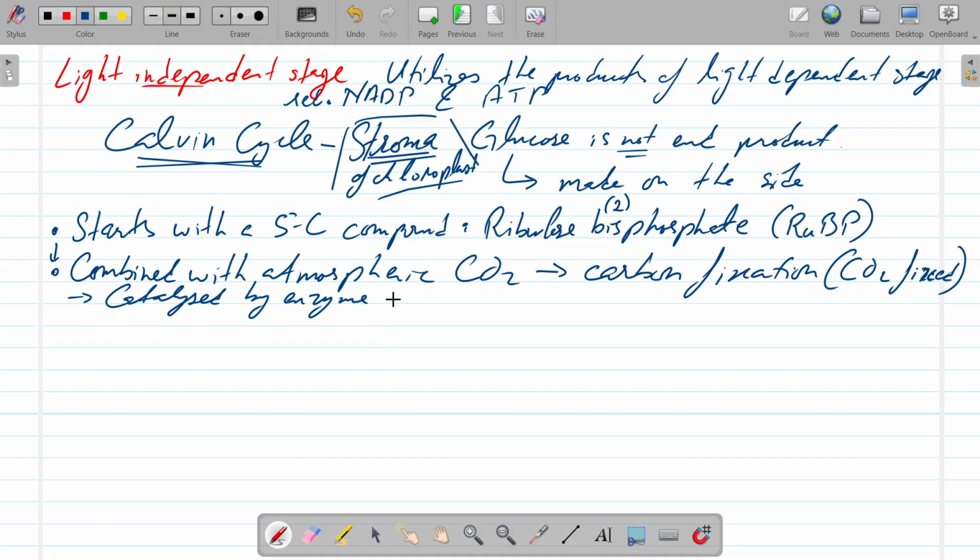So there's two of those. Ribulose bisphosphate carboxylase. These are fun names, huh?